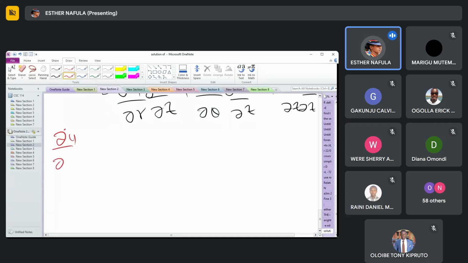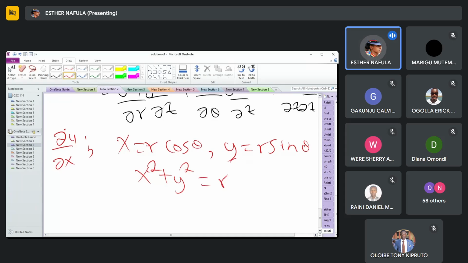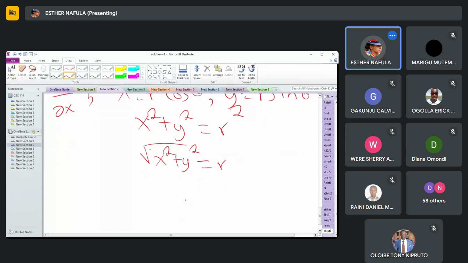Partial u partial x. Maybe we can write this again. X is equal to r cos theta. Y is r sin theta. X squared plus y squared is equal to r squared, or equivalently, square root of x squared plus y squared is equal to r. And finally, theta is equal to tan inverse of y upon x.